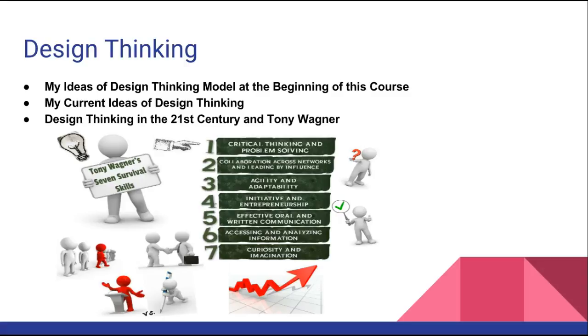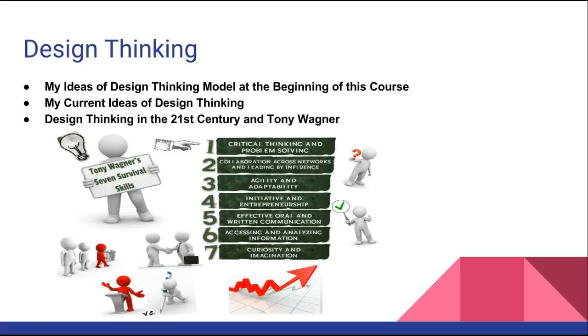His second survival skill out of the 7 also works with the design thinking process, as collaboration across networks, not just in your school site, but with districts and with other professionals in the field, is imperative to this process, because you are constantly revising and constantly seeking out ideas from others.